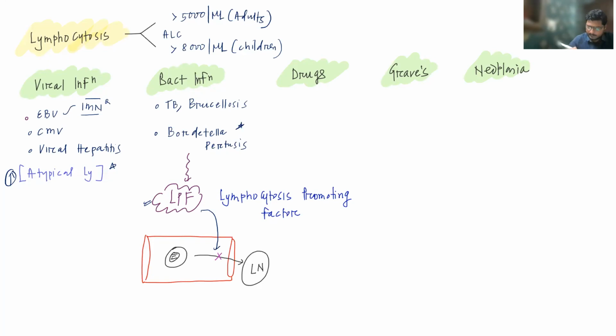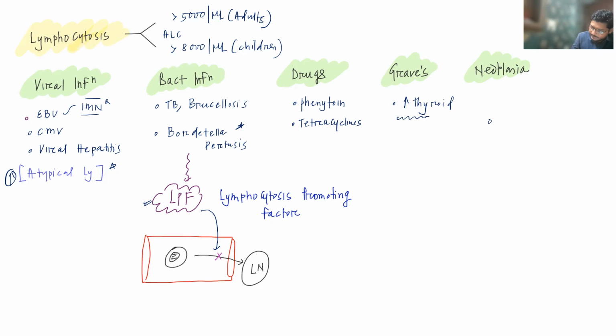There are certain drugs like phenytoin and tetracyclines. These drugs can also cause lymphocytosis. Graves' disease, I mean any condition with increased thyroid hormone activity, can cause lymphocytosis.